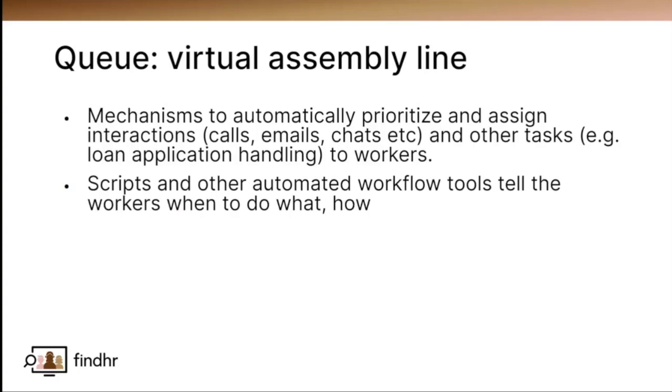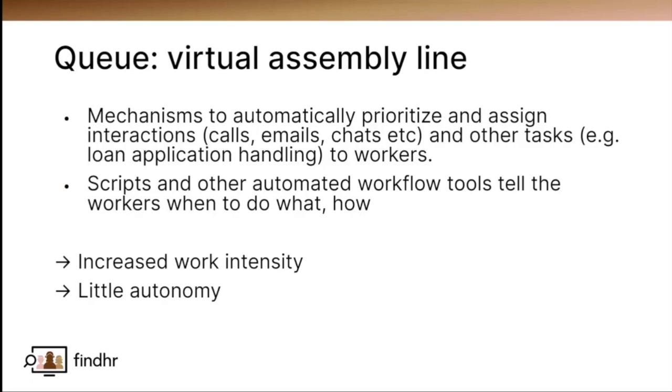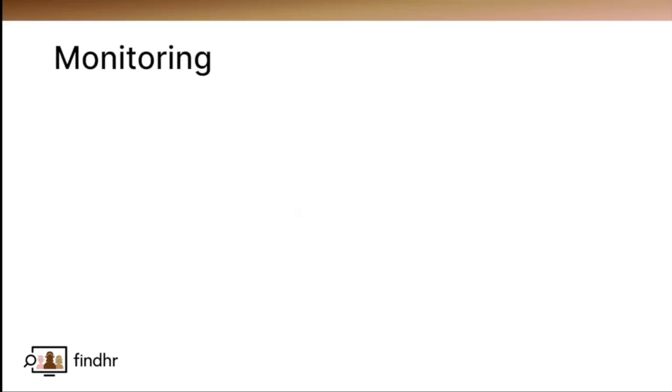Scripts and other automated workflow tools tell the workers what to do when and how, so how to respond to questions, and there can be negative repercussions if you don't adhere to the script. This can increase work intensity, of course, and it leaves the people working in the call center with little autonomy.